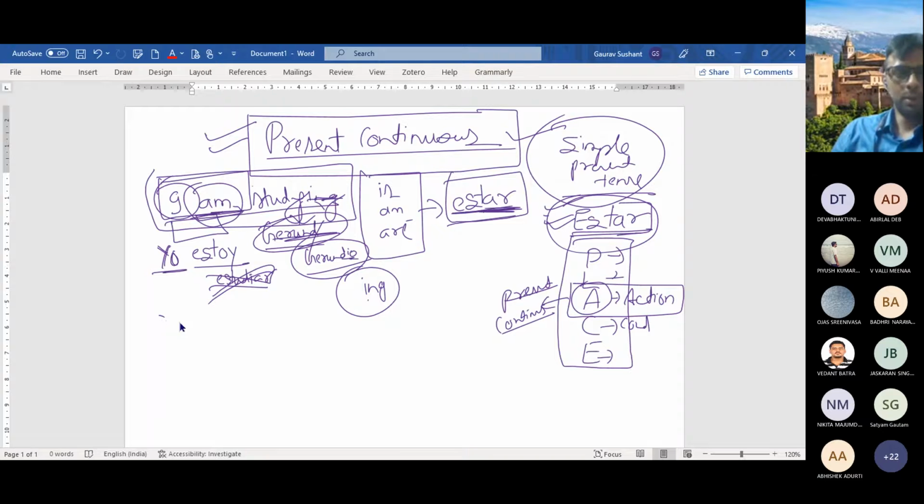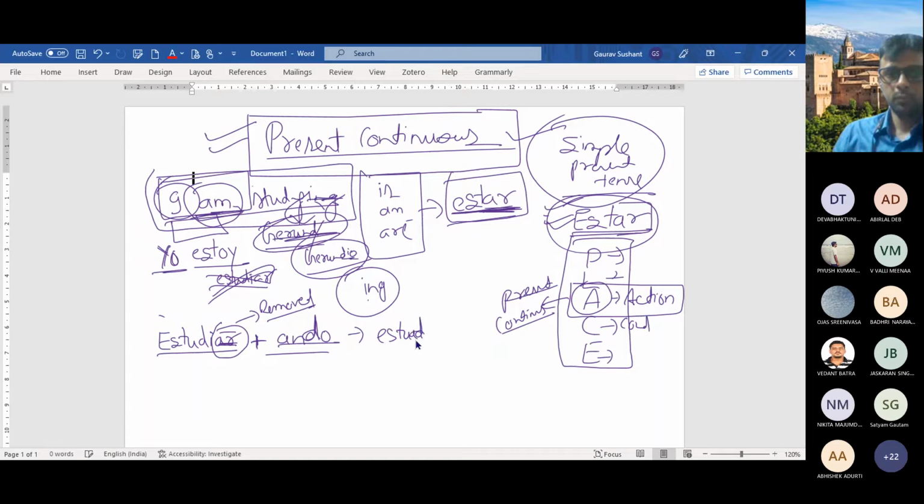In order to make this gerund form, let us take the verb estudiar. The AR ending part will be removed, and after removing the AR part, we will add ando. So it will become estudiando.